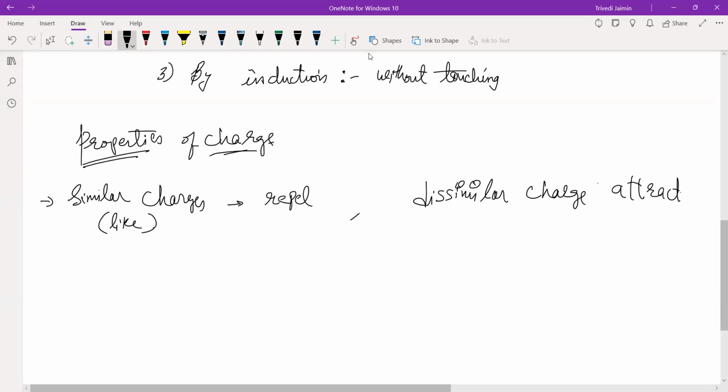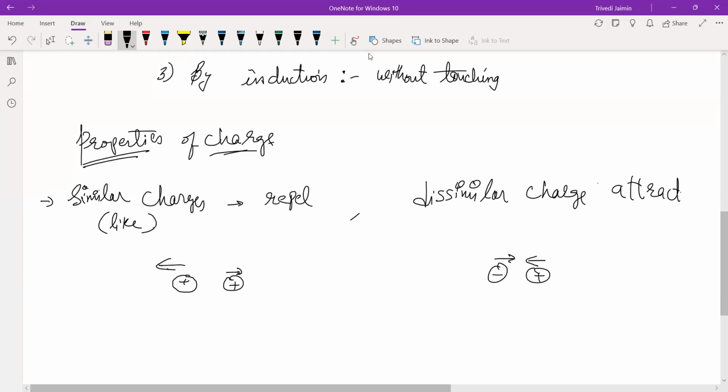So if I place some plus, this will repel. If I draw the electric field, we'll see that later. And this unlike charge gets attracted. Now, actually, sometimes similar charges also attract.